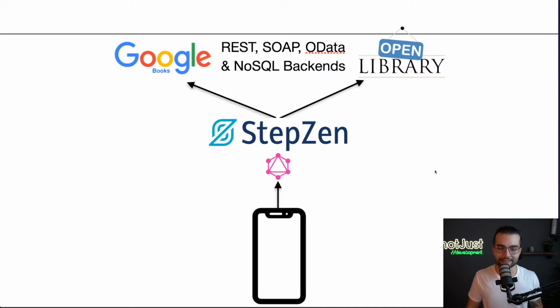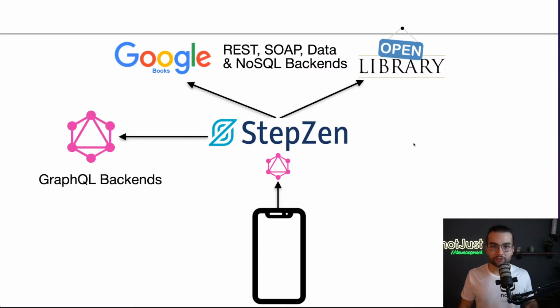That's actually why I love GraphQL so much. So as you can see, StepZen allows us to connect to different REST APIs, and based on that, create a GraphQL API. We can connect to REST APIs, SOAP API, OData, and other NoSQL backends as well. Besides this, we can also connect to GraphQL backends.